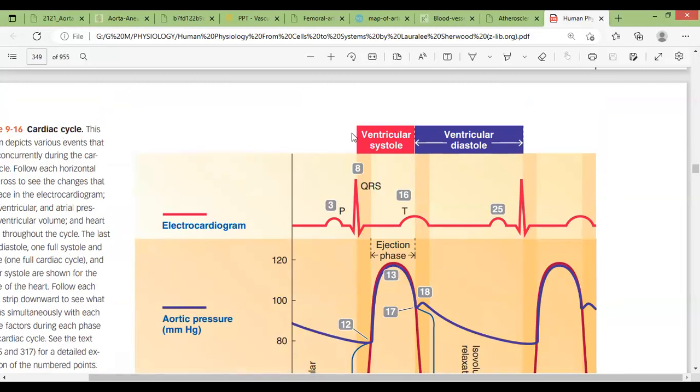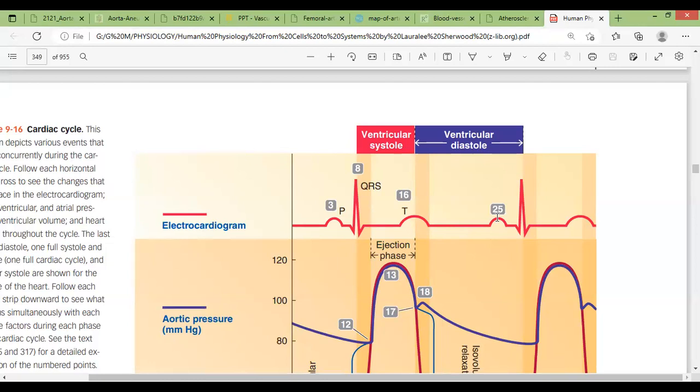Okay, let's work based on what we know. Systolic is contraction and emptying, right? Then diastolic is relaxing and filling. And when we mention systolic and diastolic, we are majorly looking at the ventricles. Even the atria undergo systolic and diastolic phases, but we are majorly concerned with the ventricles.